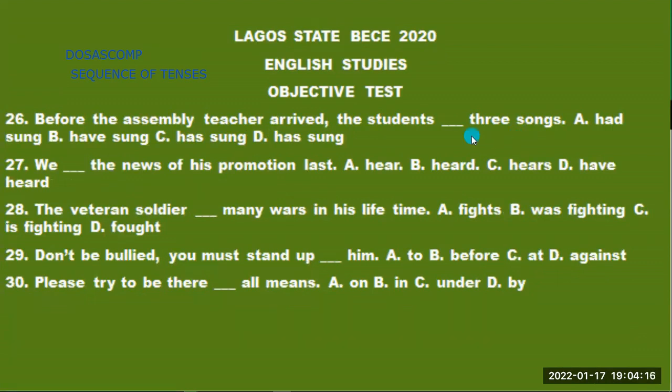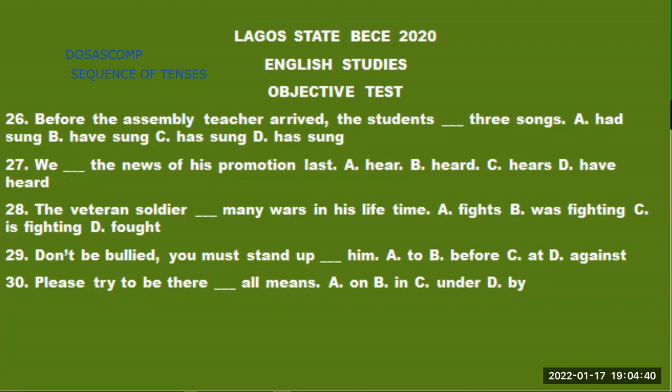So we use the past perfect tense when we have a situation like this. We call it a past in the past. Now there are 2 actions in focus. Now the assembly teacher arriving is one event. The students singing 3 songs is another event.